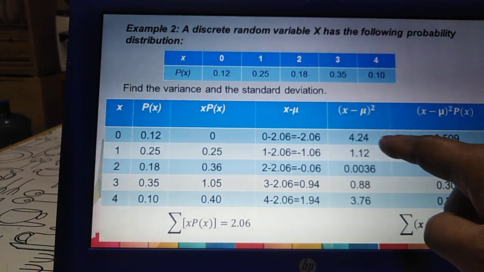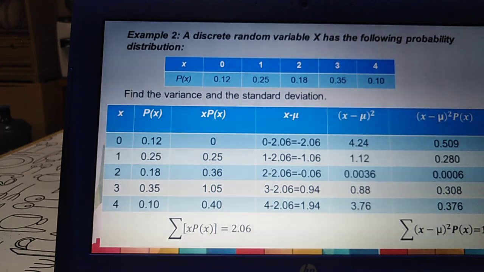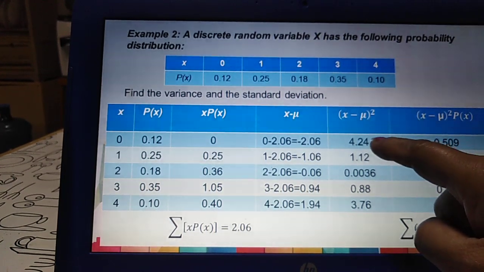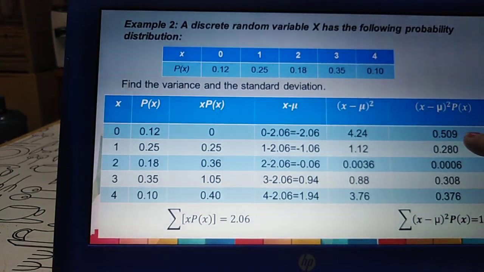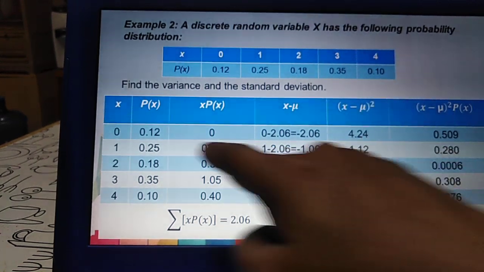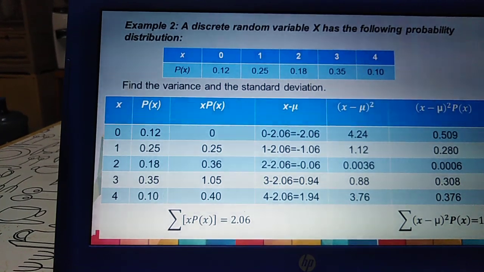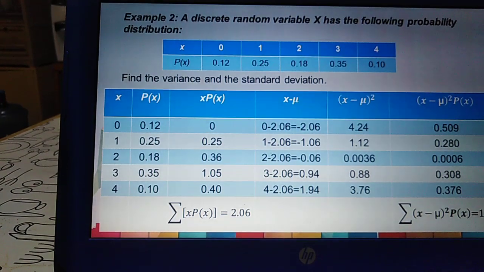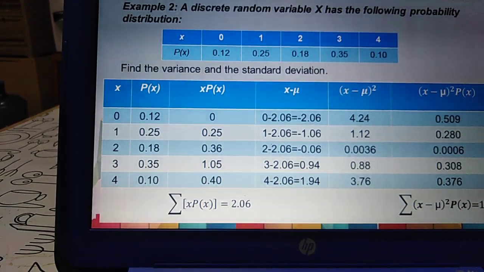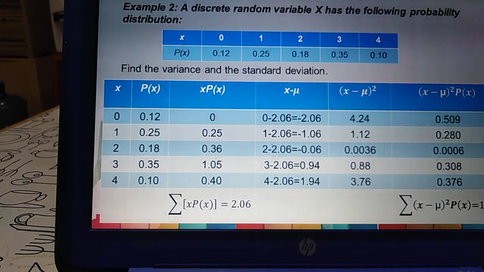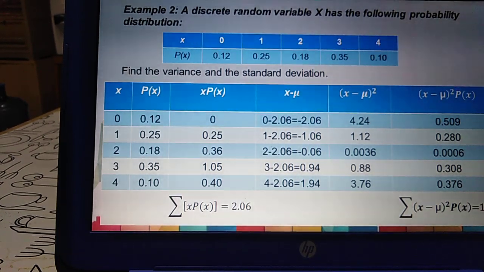We multiply 4.24 by the probability 0.12. Therefore, I get 0.509. 1.12 multiplied by the probability 0.25 is 0.280. 0.0036 multiplied by the probability 0.18 will give me 0.0006. 0.88 multiplied by the probability 0.35 will give me 0.308.